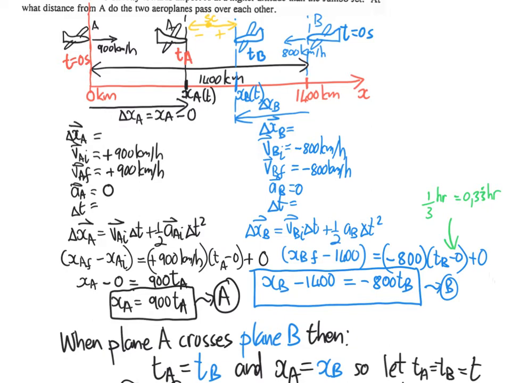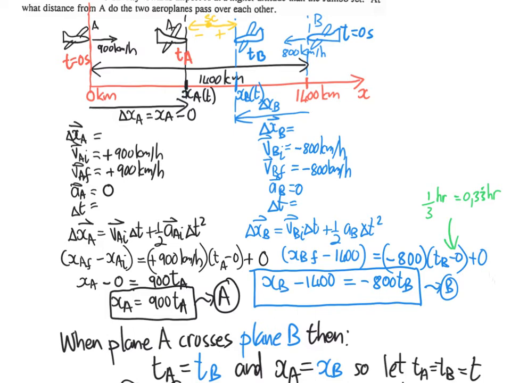Let's look at xb. xb minus 1,400 is going to be minus 800 tb. If you take the 1,400 across, because time is positive, the 1,400 is where it started, and then there's a negative term that's going to be taken off as xb gets closer and closer to airport A.